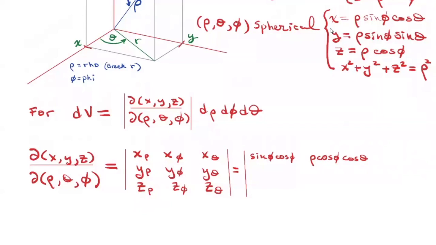And then x with respect to theta would be negative rho sine phi sine theta.